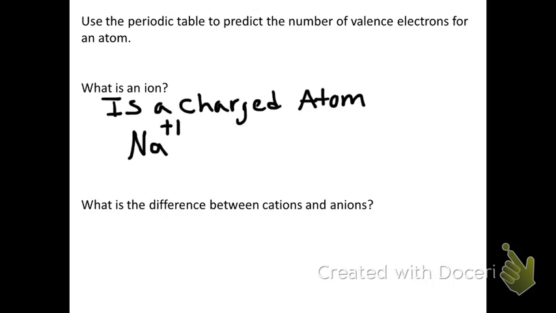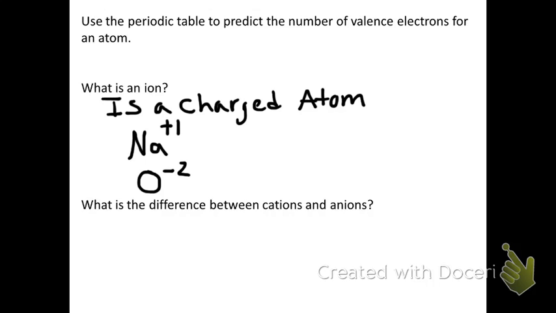For oxygen it might be -2. Now what does it mean to be charged? Well, it's simply that you do not have the same number of electrons and protons. In a neutral atom, the number of electrons and the number of protons are the same. But if electrons are lost or gained, then we have an uneven number of electrons and protons.